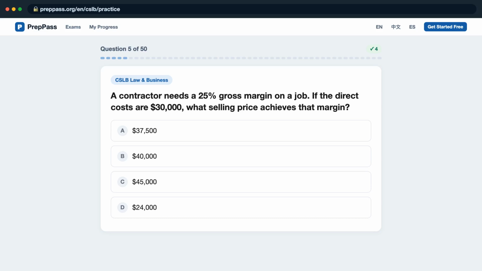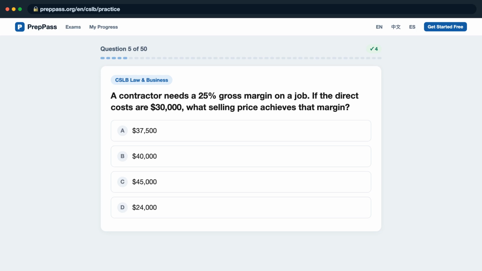Question 5. A contractor needs a 25% gross margin on a job. If the direct costs are $30,000, what selling price achieves that margin? Is it A, $37,500? B, $40,000? C, $45,000?